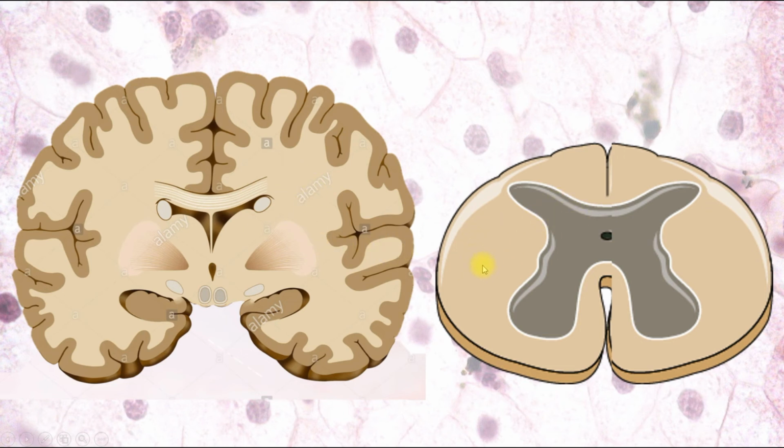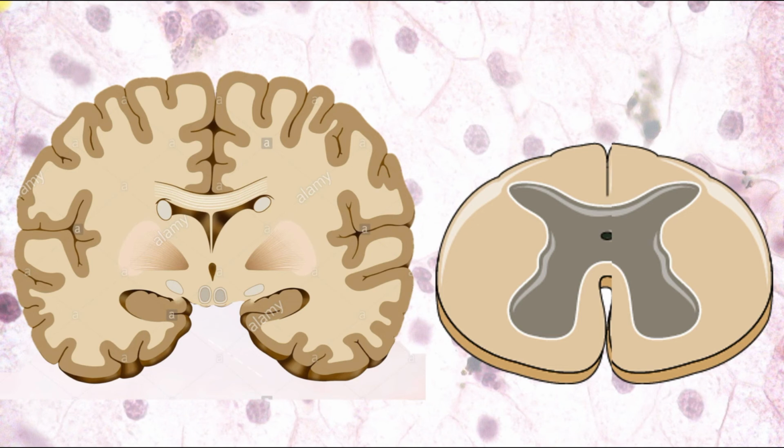Histologically they have some differences. Gray matter contains perikaryons of neurons. Perikaryons of neurons are present in gray matter only. It also contains some parts of axons and dendrites beginning from neurons, and also glial cells.